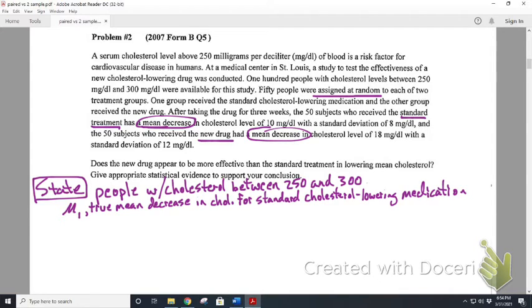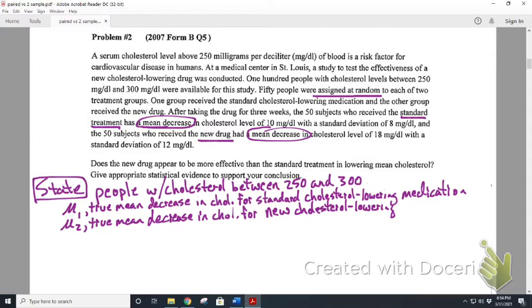And then group 2 is the new. True mean decrease in cholesterol for new cholesterol lowering medication. So some repetition there.